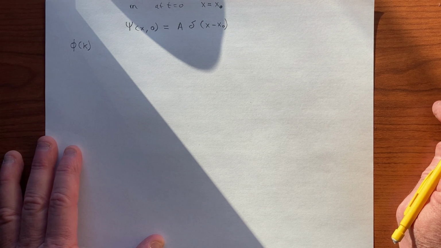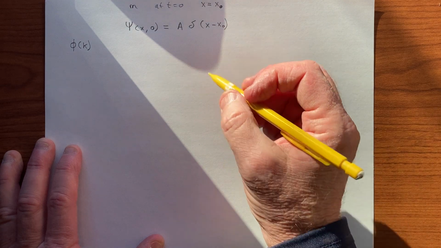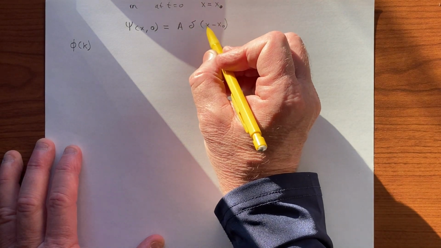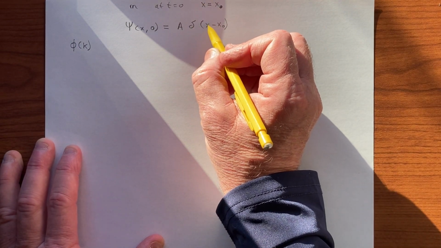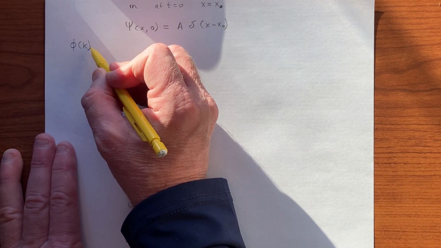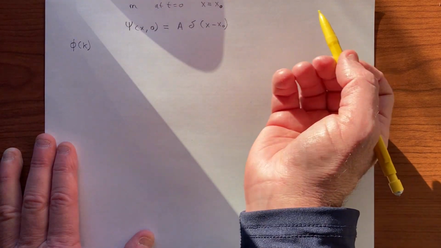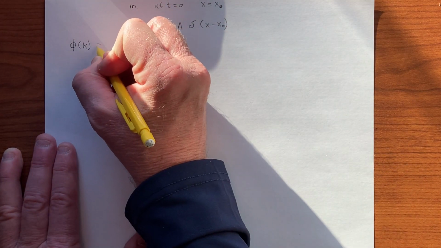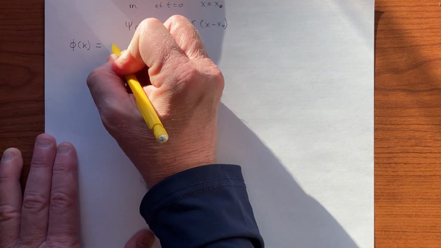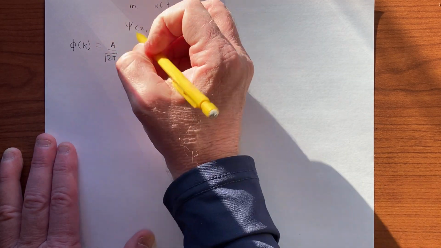Which k values are associated with this particle that's perfectly localized in space. And by the uncertainty principle, this object has to have a large range, in fact, infinite range in momentum or in k value. So if you go back to the lectures, we had something like this.